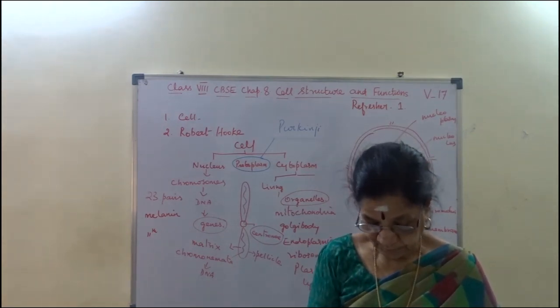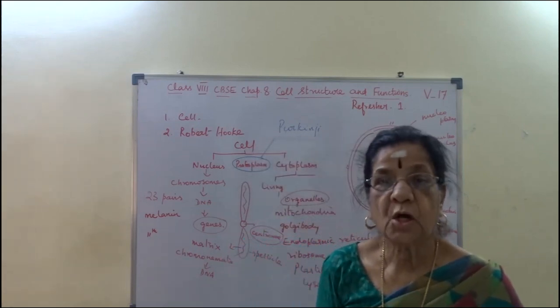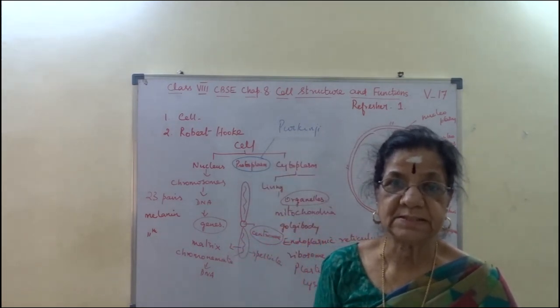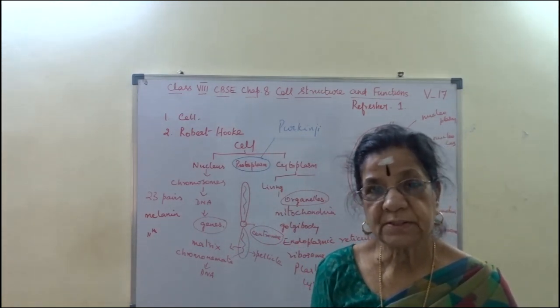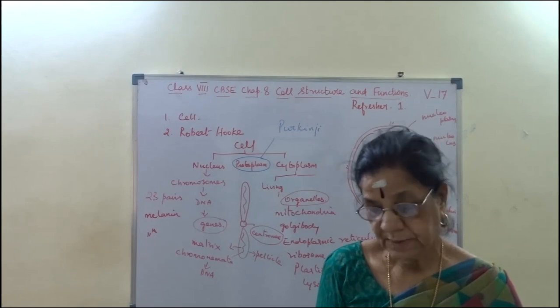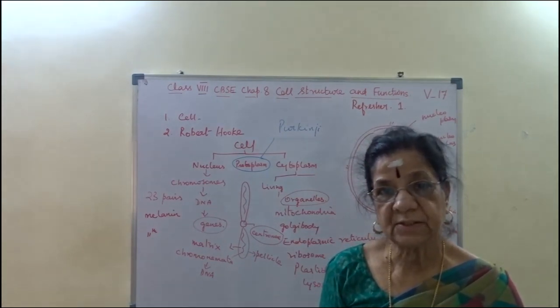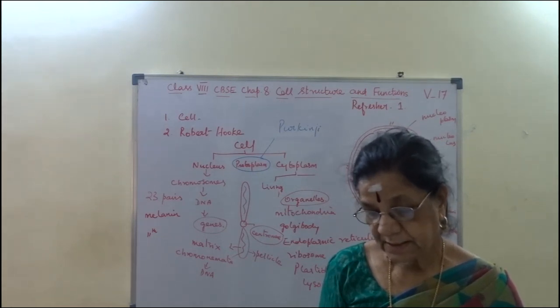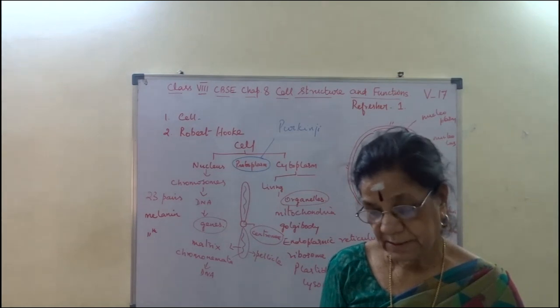So here, the nucleus is an important component of the living cell. It is generally spherical and located in the center of the cell, and it can be stained and seen easily with the help of a microscope.